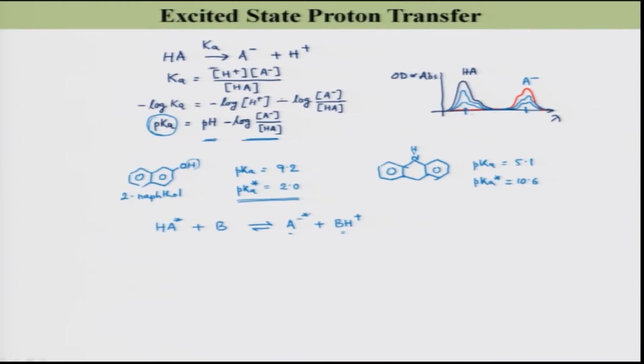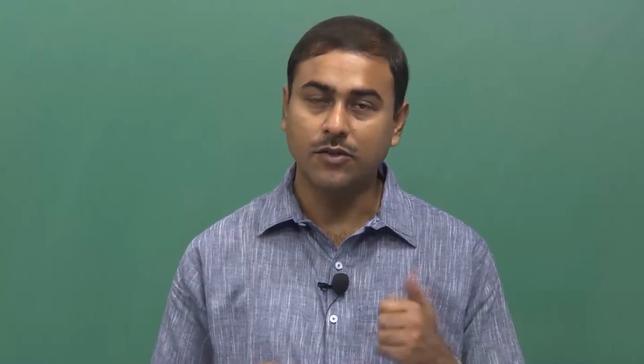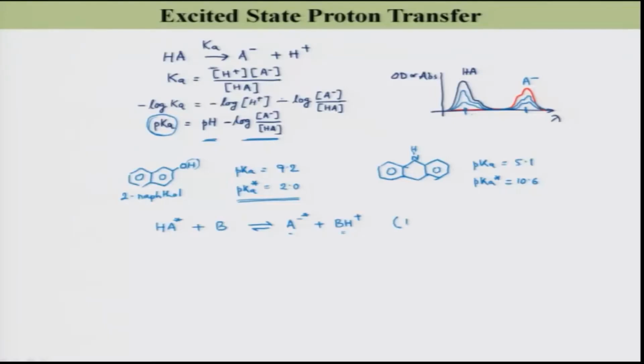So, the proton transfer from HA to B takes place in such cases only in the excited state, and this is known as excited state proton transfer. In short form, people call this ESPT.